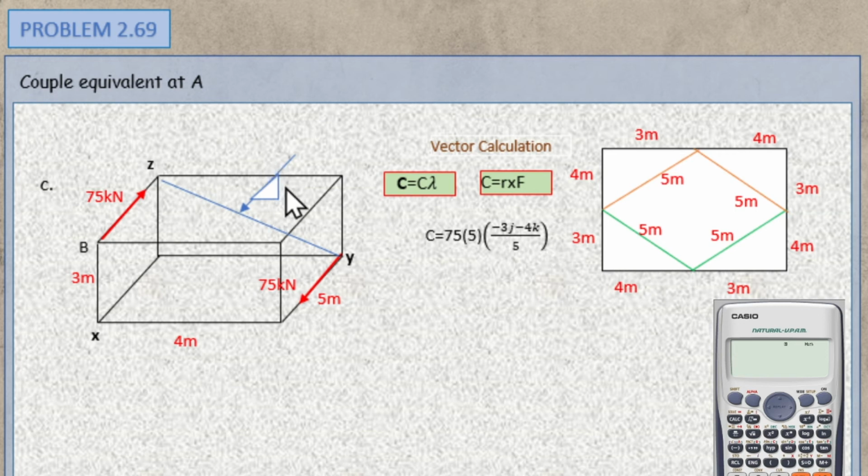So this distance is 4 over square root of 3 squared plus 4 squared equals 5. Applying your calculator, 75 multiplied by 5 multiplied by negative 3 over 5, we have negative 225 for our J or Y axis. And then for our Z axis, this one is 4. It is negative 300k Newton meter.